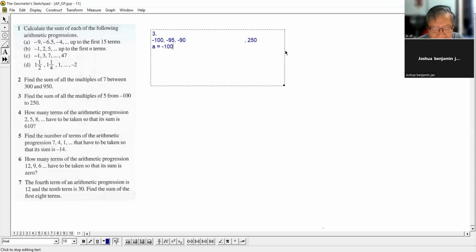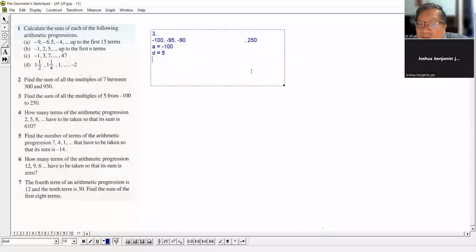Can you tell me what is D? D is 5. It's not negative 5, it's 5.